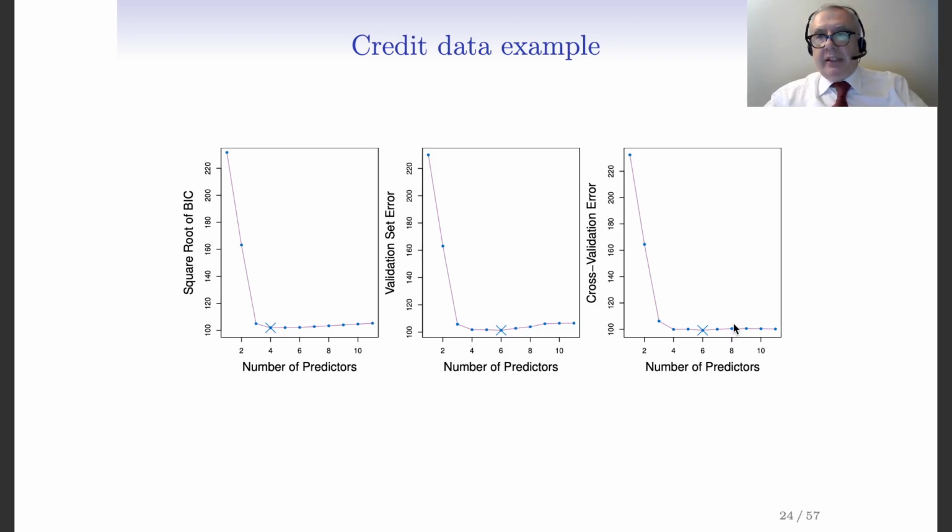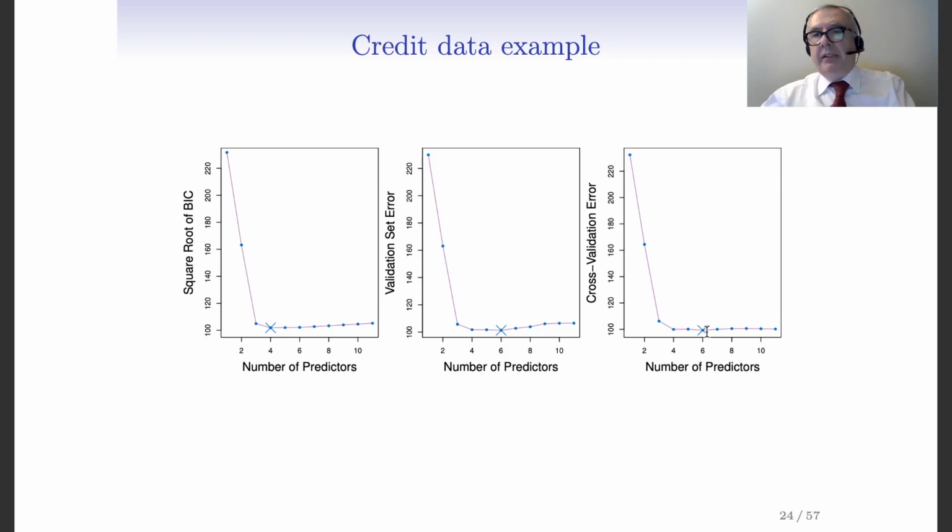Our idea is that given that the test error is about the same, I prefer a simpler model. So if the test error does not change very much, I will prefer a simpler model to a more complex one. So the idea is I take the minimum, I construct confidence bands, just +1 standard error, -1 standard error, and then I go on the left and I choose the simplest model such that its performance is within the band.